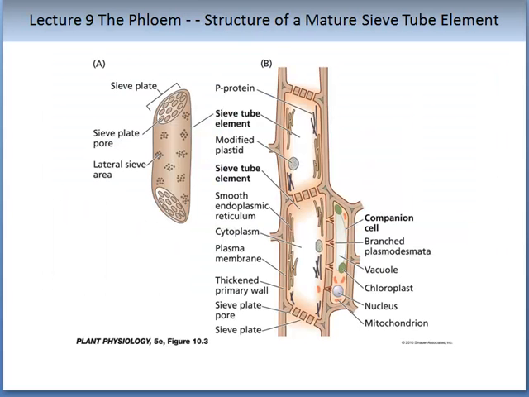The figure on the slide illustrates the structure of a mature sieve tube element. I will draw your attention to the sieve plates and how they look, containing sieve plate pores and lateral sieve areas. Also, in part B of this figure, you will see sieve tube elements along with companion cells.